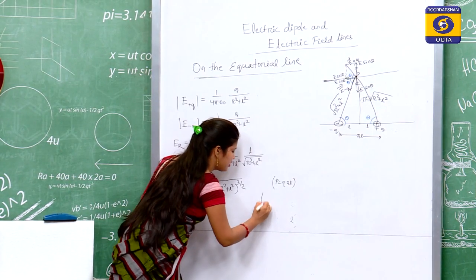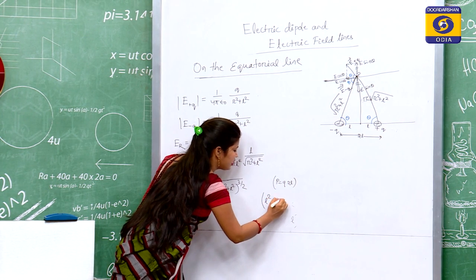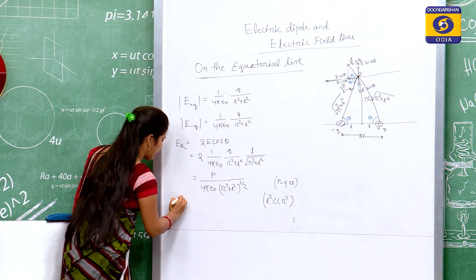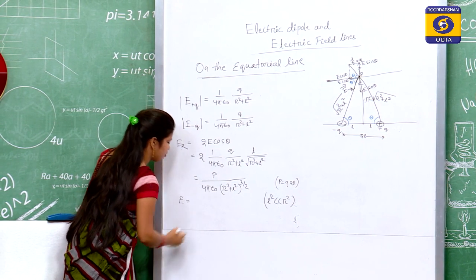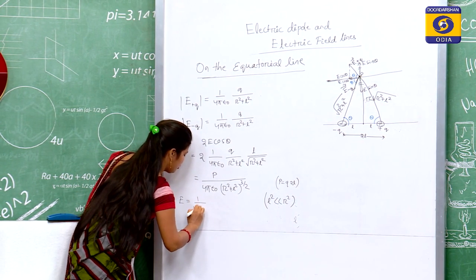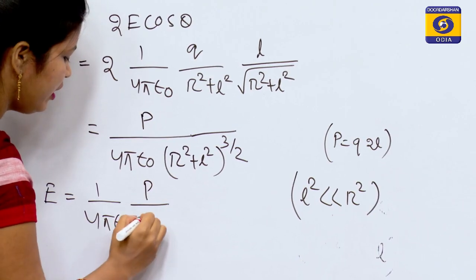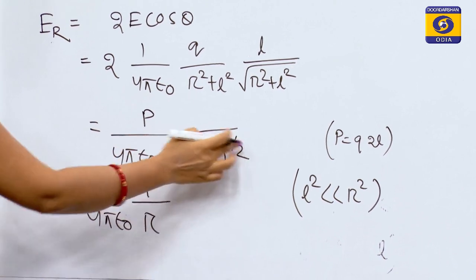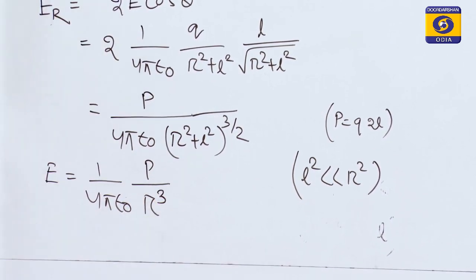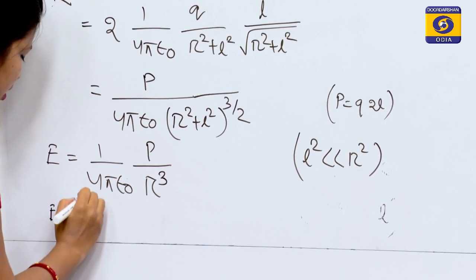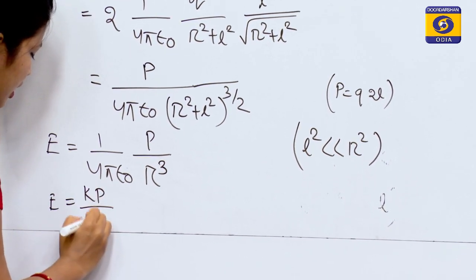So, as L square is very much less than r square, neglecting L square, we will get E is equal to 1 upon 4 pi epsilon naught, p divided by r to the power 3. Okay. So, E is equal to k p upon r cube.